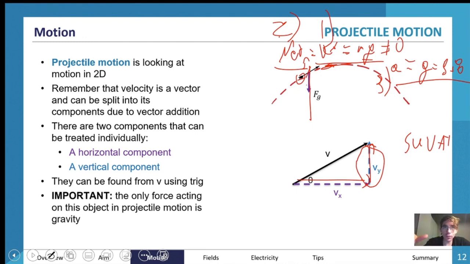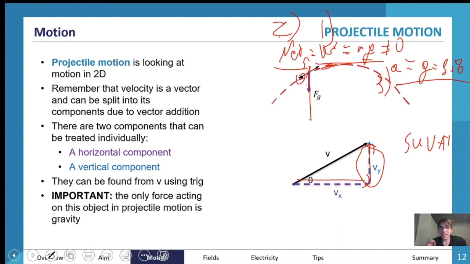So for the vertical plane, we know acceleration is constant, which means velocity is continuously changing. But not for the horizontal plane. For the horizontal plane, acceleration is equal to zero. Therefore, for every unit of time, velocity is the same. It's either zero if the object is at rest, but if the object is already moving, it's constant.